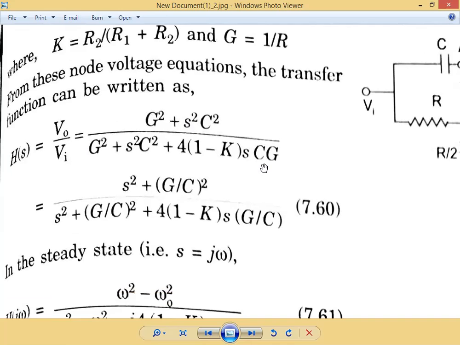Then we are bringing this equation in this form, S square plus a constant square over S square plus S plus the constant square.